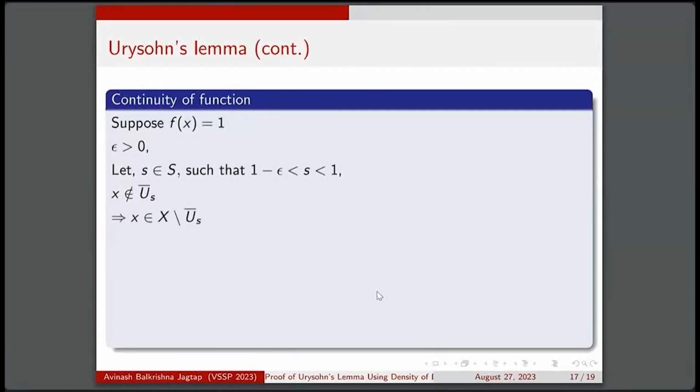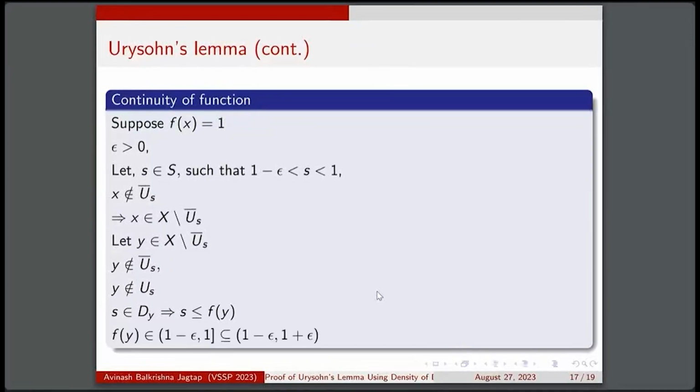Therefore x will be in the complement of closure of U_s. Now if y belongs to the complement of closure of U_s, y is not in U_s, hence by the definition of D_y, s will be an element of D_y. So s will be less than or equal to the supremum of D_y, that's why s will be less than or equal to f(y).